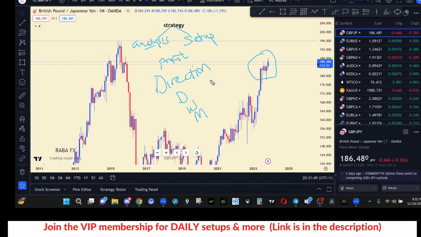I'm only using the 4 hour, 1 hour, 30 minutes, 15 minutes, 5 minutes, 3 minutes, 1 minute to look for setup and execution. So, as a trader, you must have a strategy, a working strategy. And make sure that your strategy can give you a good analysis, and also that strategy will give you a good setup.